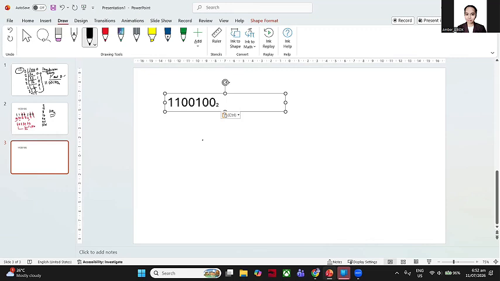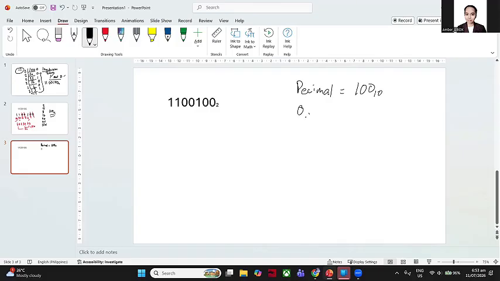So we have the same binary number, 1100100, which in decimal is 100. Now we were going to look for an octal. So how do we do the octal from a binary number given?